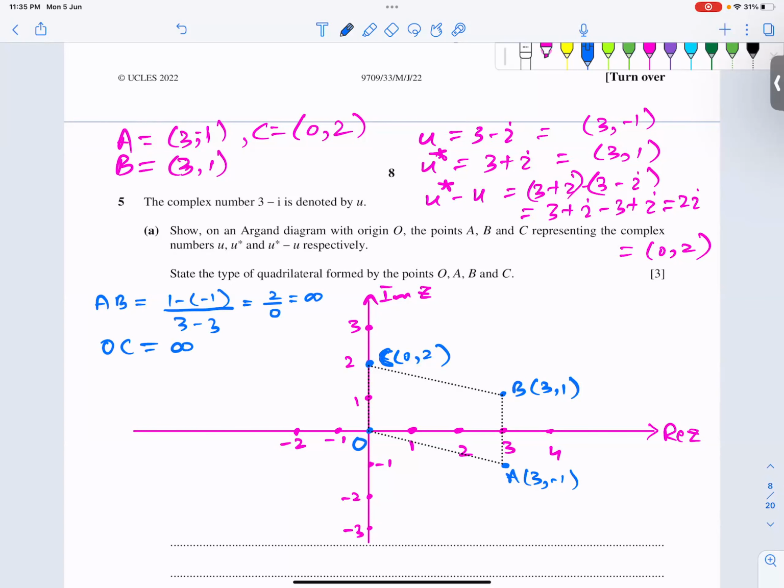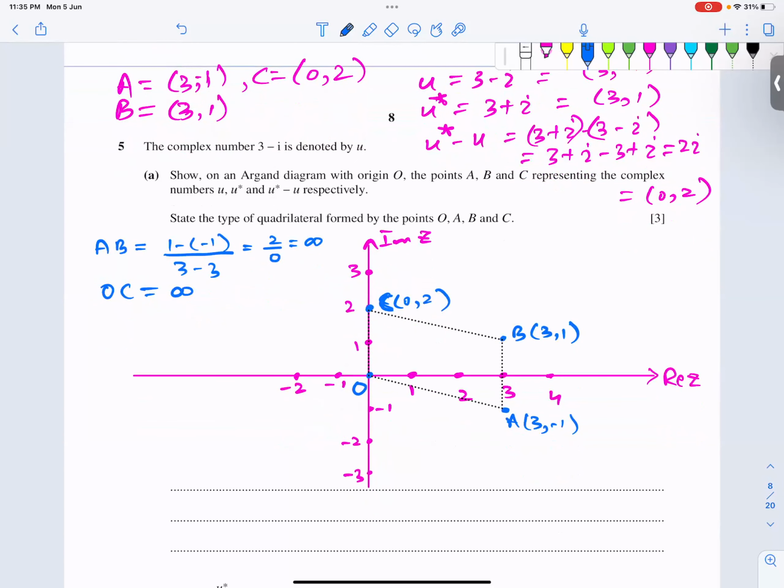Okay. So now if we try the gradient of CB, the gradient of CB will be 1 minus 2 divided by 3 minus 0. So this will be minus 1 by 3. And the gradient of OA will be minus 1 over 3.